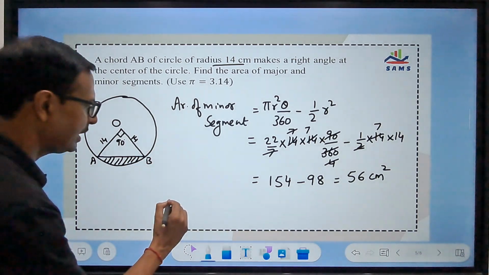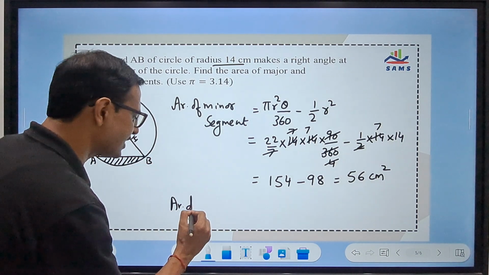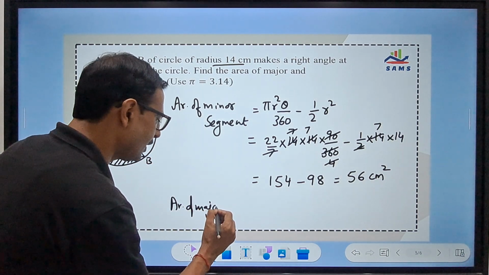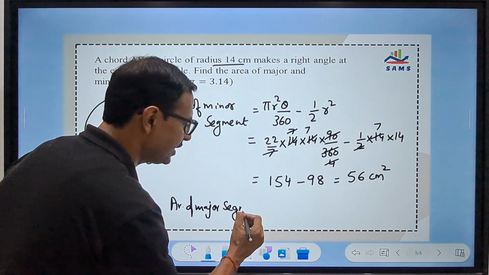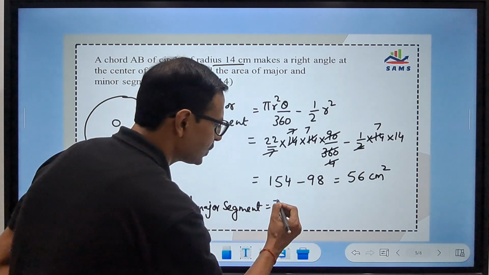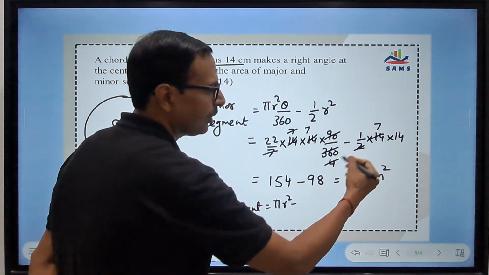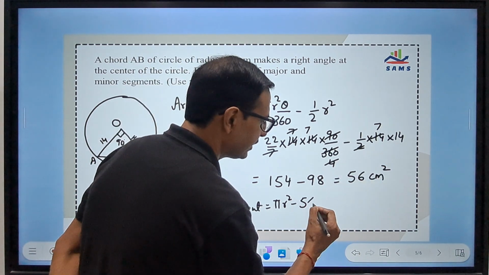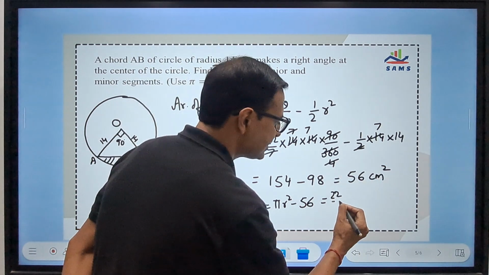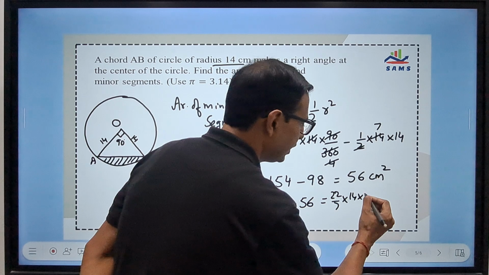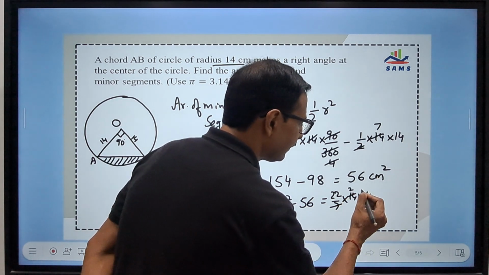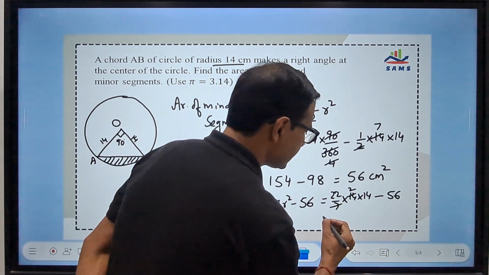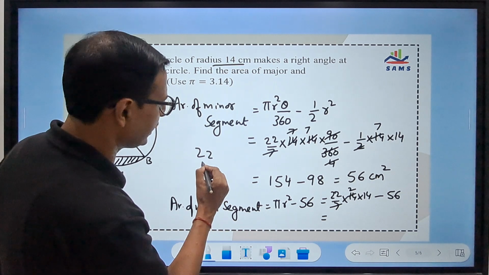And to find the area of major segment, what do you do? You take the area of the circle, pi r square, and subtract the area of the minor segment from that. You will get your answer. So 22 by 7 times 14 times 14, which gives me, this is 22 times 28, right?